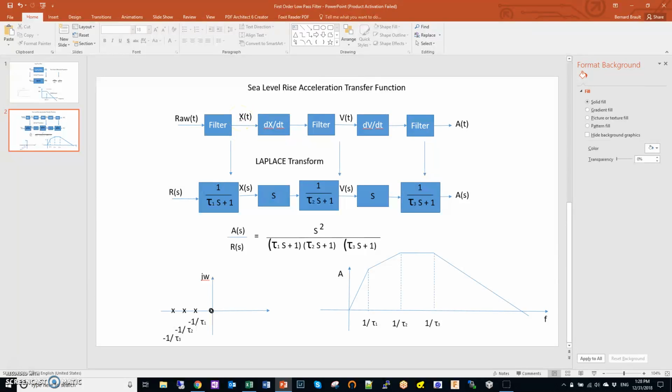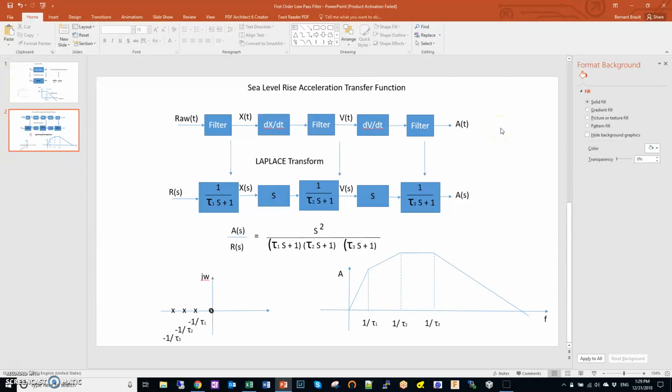Then in the calculation I did in the Excel spreadsheet, I took the derivative of this position and got a velocity, and I filtered out the velocity because when you take a derivative you end up amplifying high frequency noise. So I filtered it out, got a velocity, or sea level rise rate, and then I applied more or less the same here, a derivative of the velocity to get acceleration, and again filtering out the acceleration.